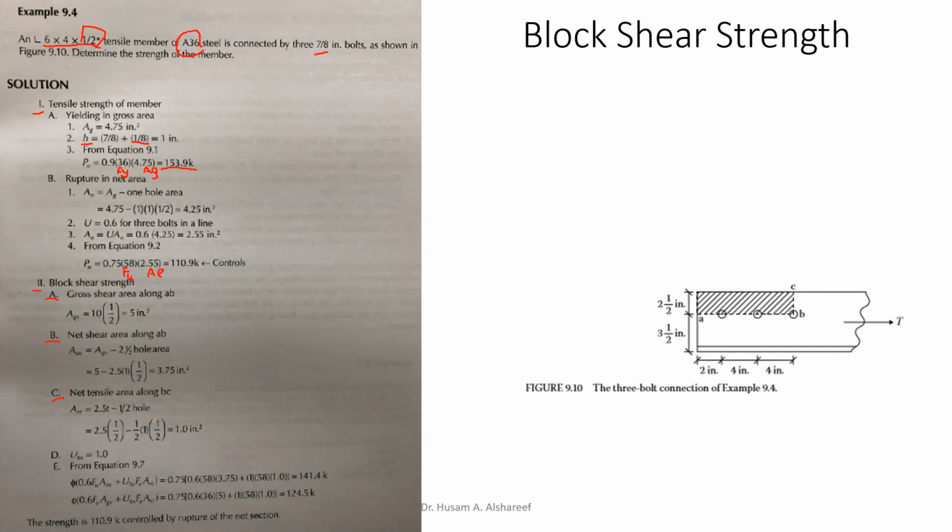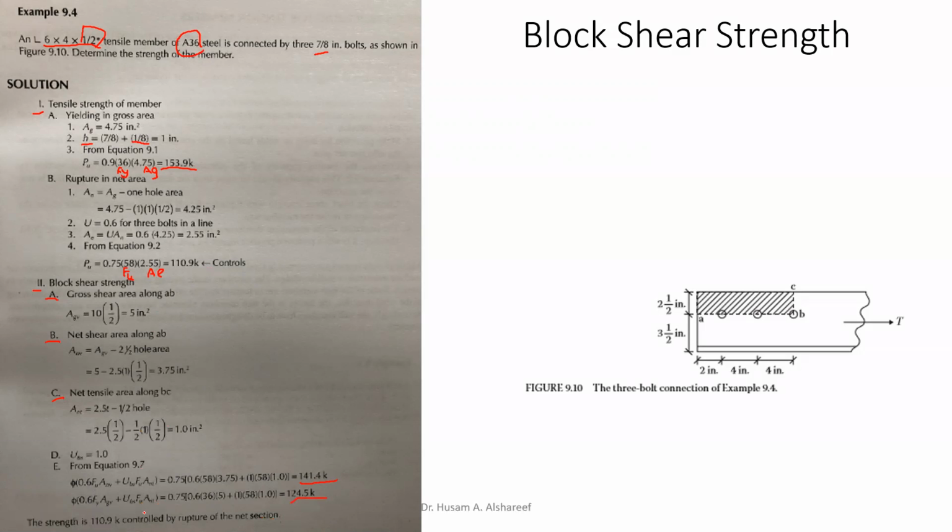Plug and chug from everything we found here, and you come up with this value. The second equation is 0.6 times FY, not FU, times AGV plus UBS times FU times ANT. Then again, plug and chug from everything we found here, and that's your value here.